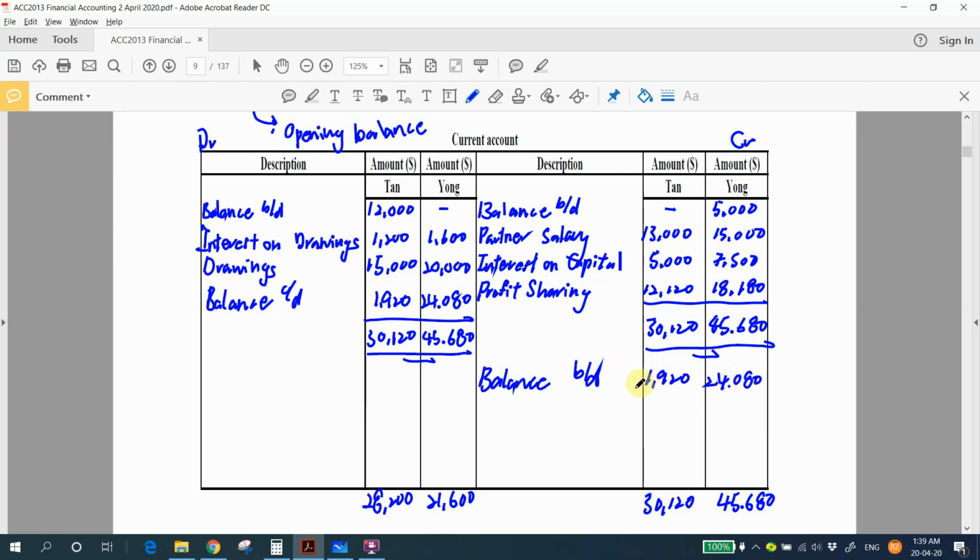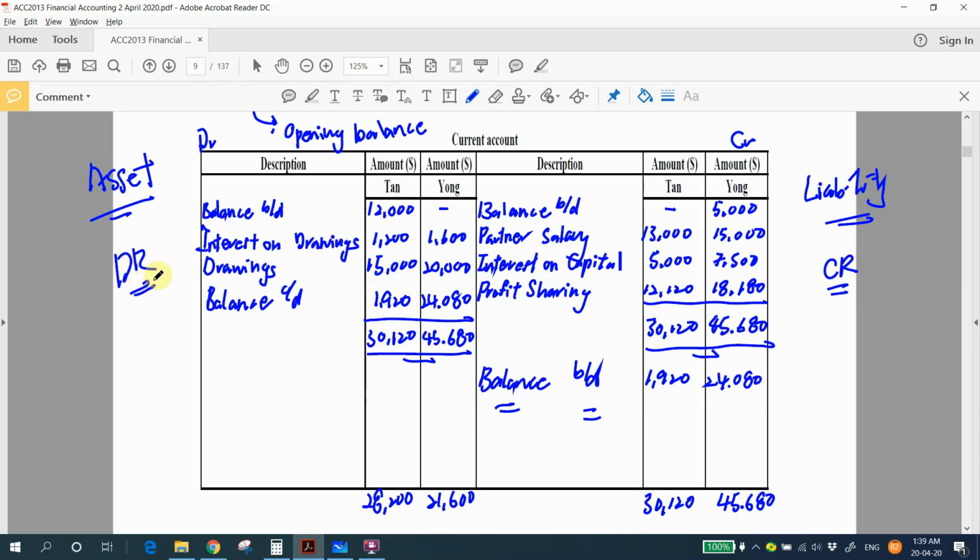So we have completed the current account, but we need to understand what is the meaning of a balance b/d on the credit side. So we go back to FA1. For liability, we record on the credit side. For asset, we record on the debit side.